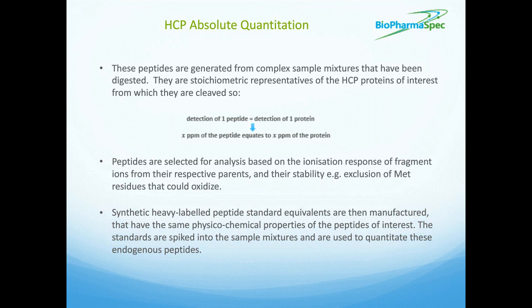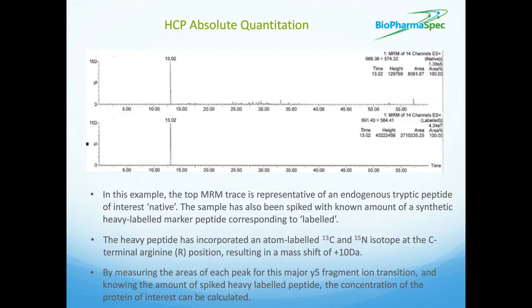As an example data set in this next slide, we show in the top trace a native peptide signal, and the bottom corresponds to the labeled version of this peptide. To the right of each trace are these single reaction monitoring events we spoke about, and you have, for example, the transition from precursor ion, so the 686.36, to the product ion 574.33 in the native trace.